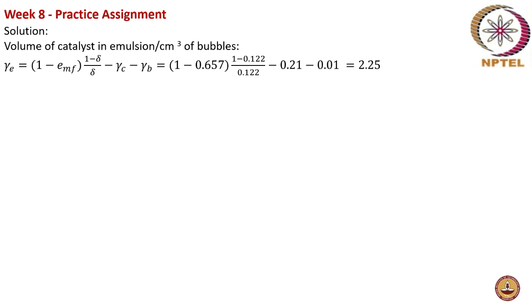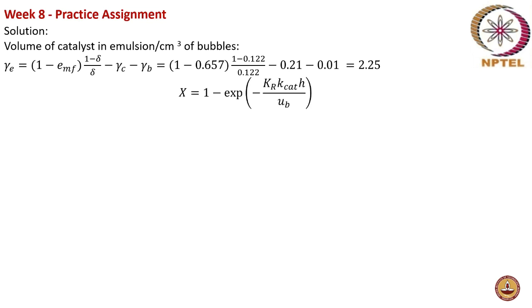That expression is given by gamma E is equal to (1 minus epsilon MF) into (1 minus delta) by delta, minus gamma C minus gamma B. So we have all the terms here because delta we calculated to be 0.122. So you get the volume of catalyst in the emulsion phase to be 2.25.